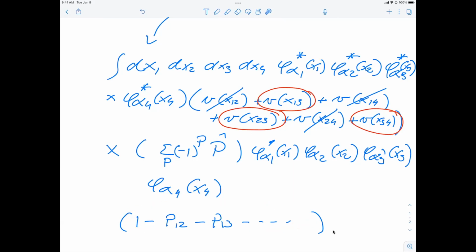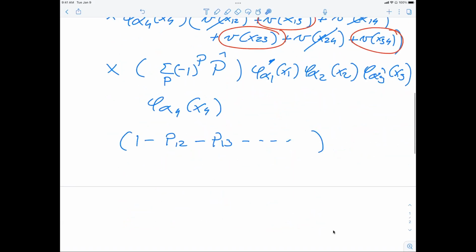And then if we look at the contributions from the different permutations, what we will end up with is a contribution which looks as follows. This is going to be equal to a sum over the states alpha i, but with alpha i different from alpha 3 prime and alpha 3.